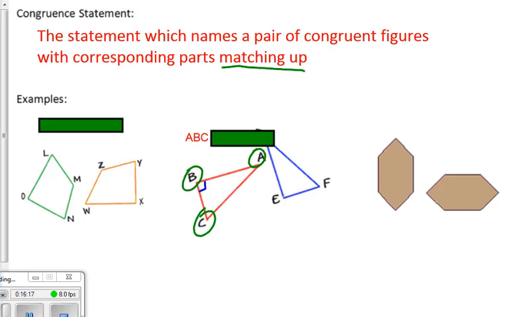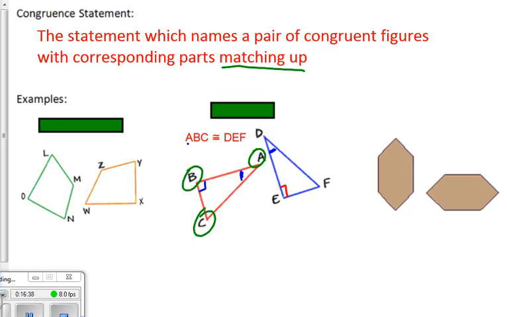Okay, the one that looks like it has that kind of angle is our E. So B and E have to match up. Okay, A looks like it has the smallest angle here, so it has to match up with our smallest angle up here, which would be E. So wherever I have, D.